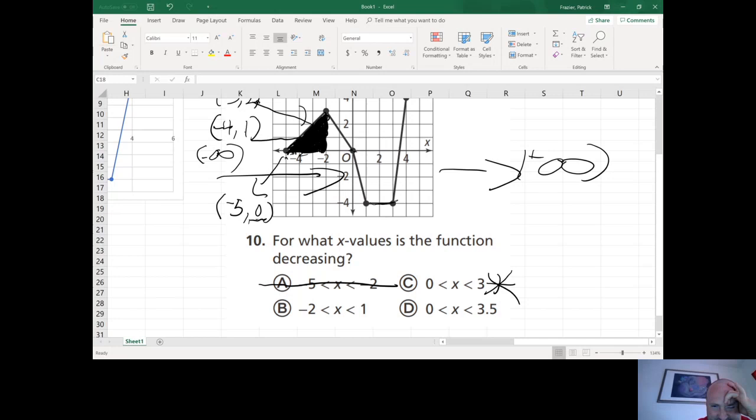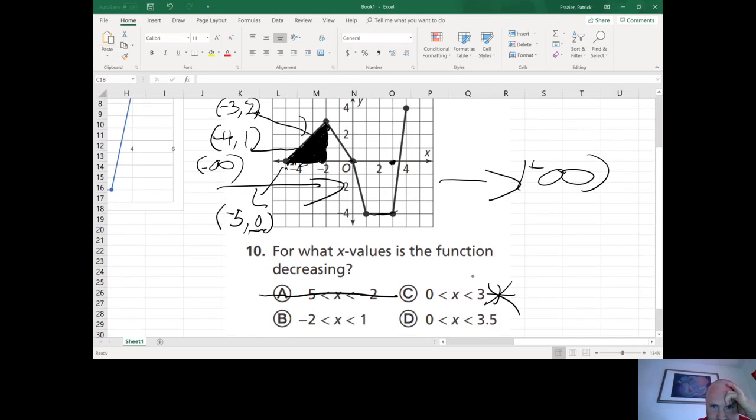Where x is greater than 0 but less than 3.5. Let's see, this point here is 3 on the x-axis. Over here, it looks like it's increasing when x is between 3 and 3.5, or for that matter, between 3 and 4.